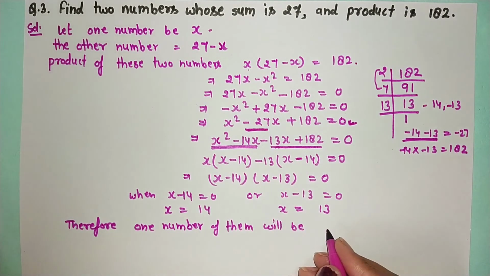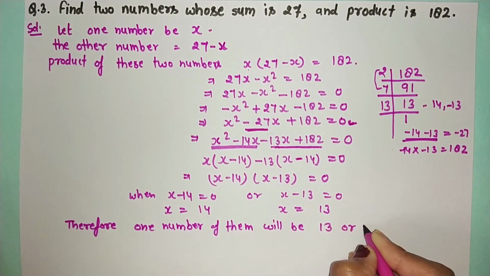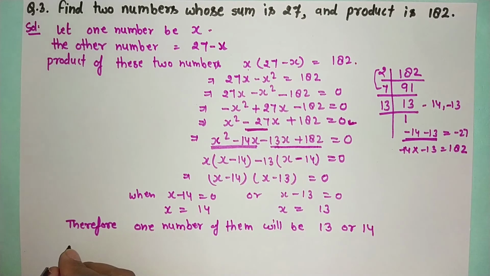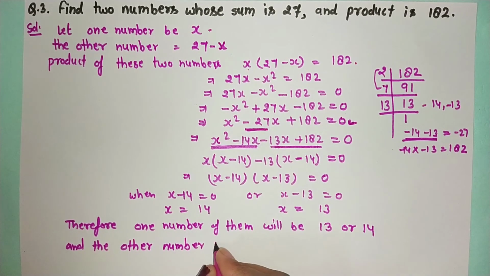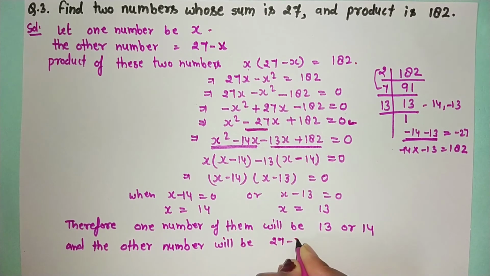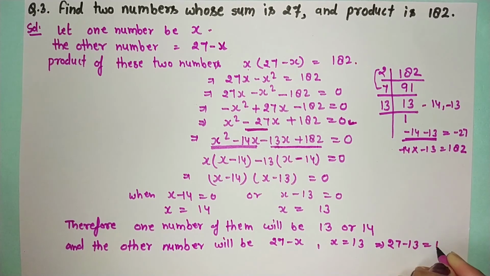One number of them will be 13 or 14, and the other number will be 27 minus x. When x equals 13, the other number will be 27 minus 13, that is 14.